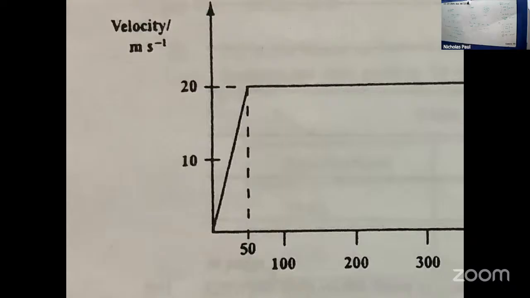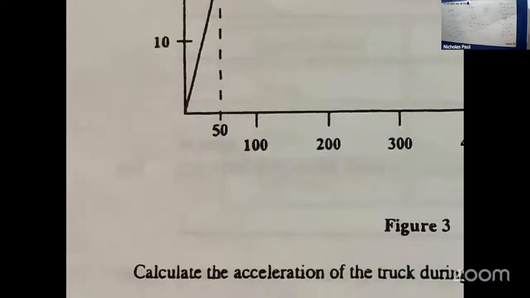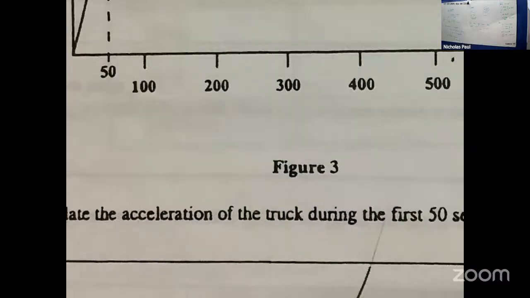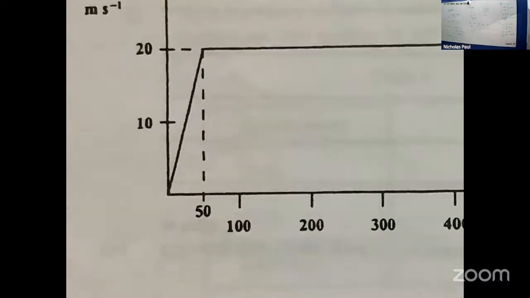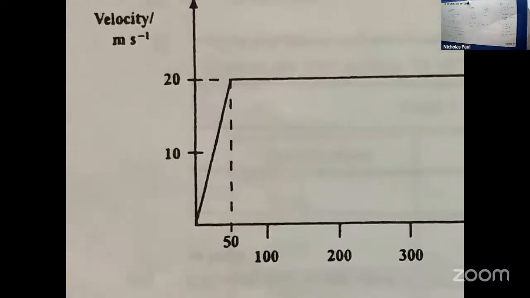So this is a graph, and the graph gave us velocity on the y and time on the x. The question asks, calculate the acceleration of the truck in the first 50 seconds. How are you doing that from a graph? They didn't give you any words or anything.